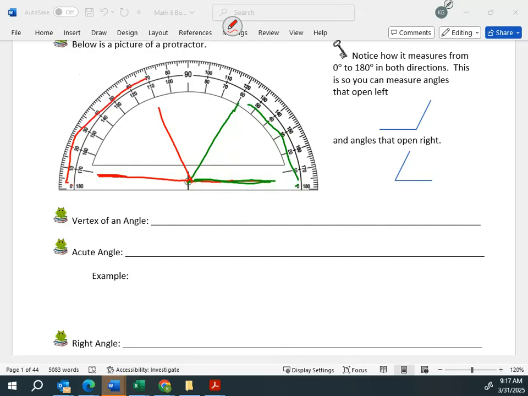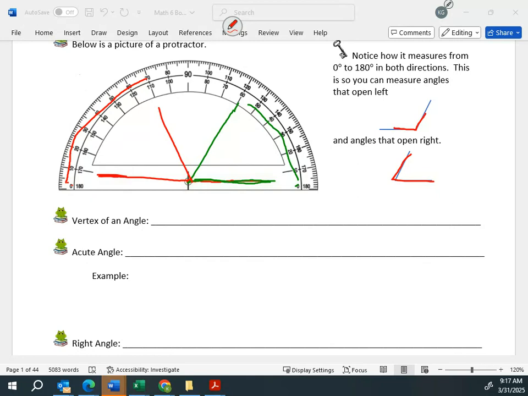So always be looking, am I using the right numbers of the protractor? Remember, a quick way to check is if it is a small angle, it's acute, your measurement should be less than 90 degrees. If it is that obtuse looking angle, your measurement should be over 90 degrees.